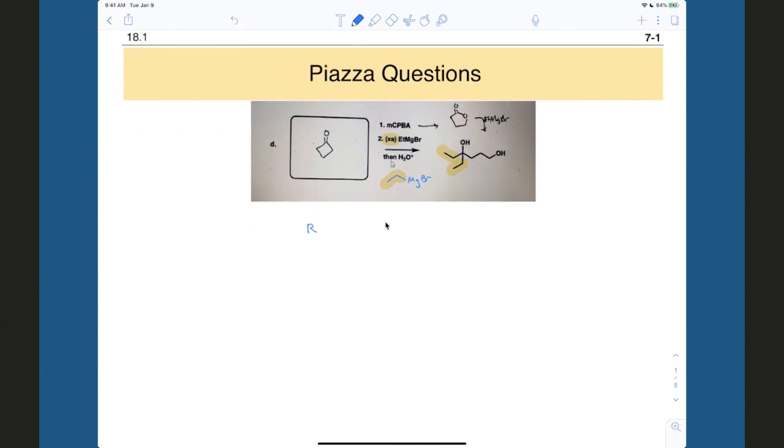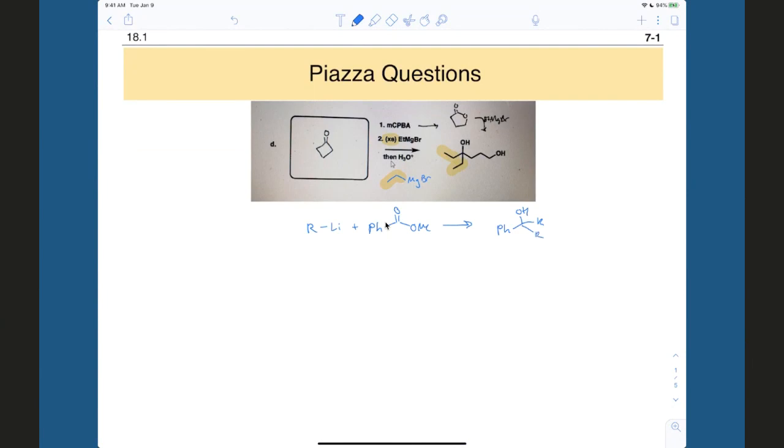This could be a lithium or Grignard reagent. I'll say phenyl to make it different. It could be a methyl ester. These always have two additions, and we make a tertiary alcohol afterwards.